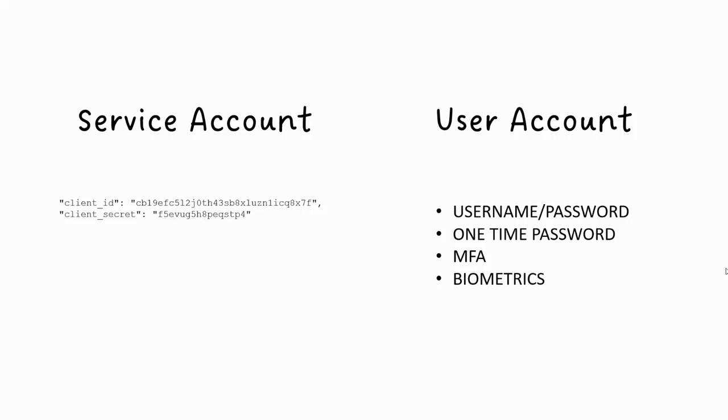I don't think we're really doing retinal scans anymore, but that sort of thing. And we also have physical keys like USB keys, YubiKeys, things like that. There are lots of ways to make sure this person is who they say they are. Whereas if somebody steals that client ID and secret from the service account, it's pretty hard to know whether that's the service account or not.